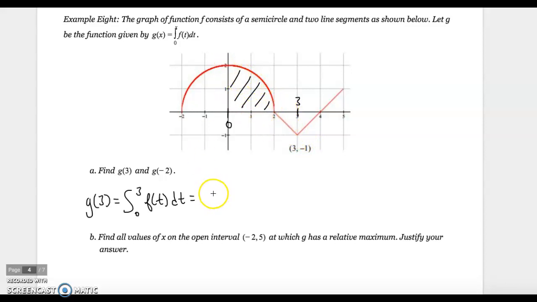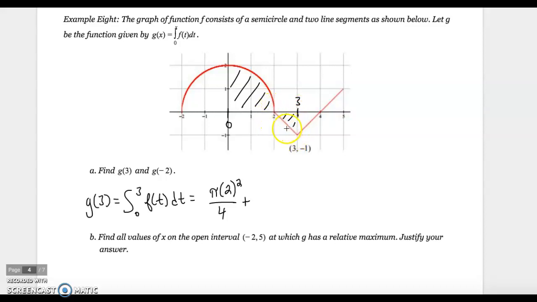So we'll do pi r squared over 4, and my r is 2. So 2 squared over 4. Breaking it up into 4 because the area of a circle divided by 4 would give you the area of a quarter circle. And then the area under your curve from 2 to 3 would be a triangle.